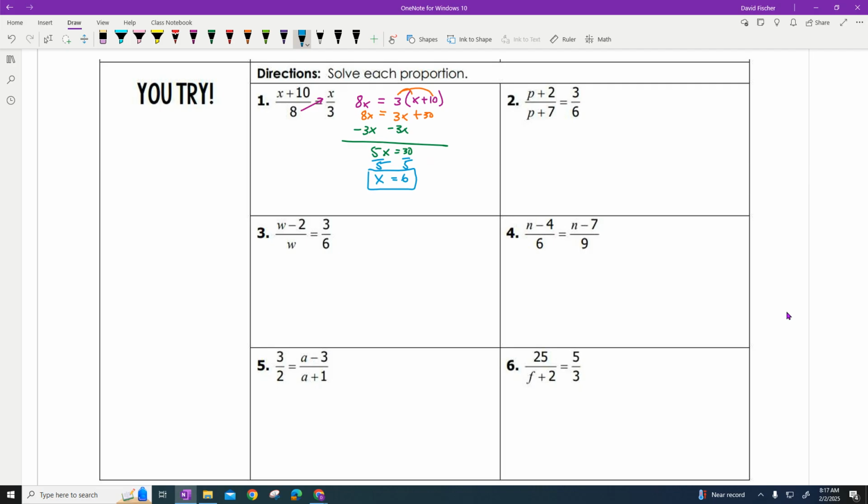So, if you fast forward it and you saw that you got x equals 6, you're on the good track. Alright, pause the video, try doing number 2. Now again, make sure you write tiny, but clearly.